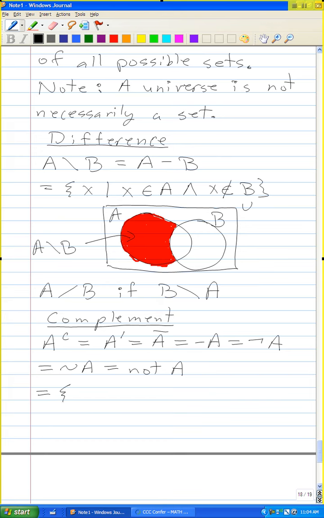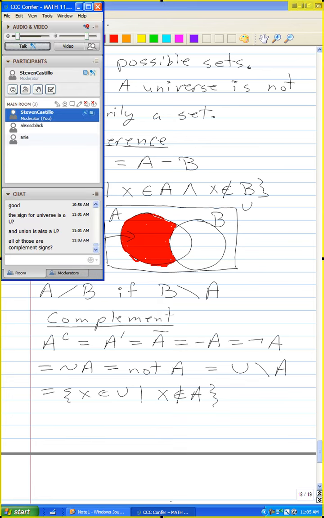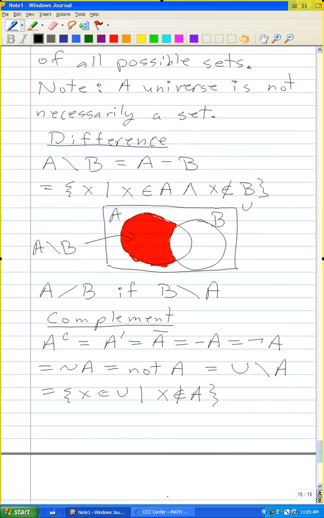And so this is just the set of all x's, and this turns out to be the same as the universe without A. It is the set of all x's which are not in A. All those mean the complement. So I could use any of those to mean the complement.